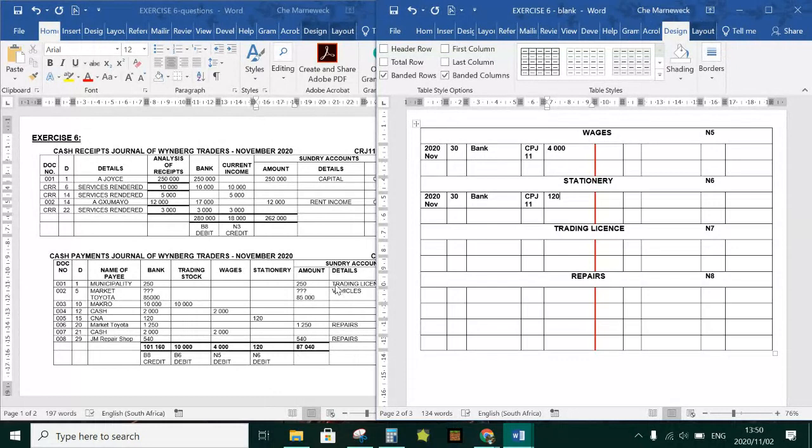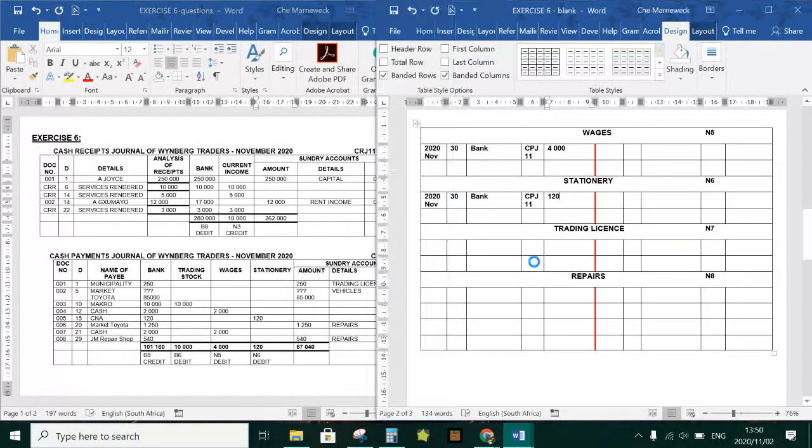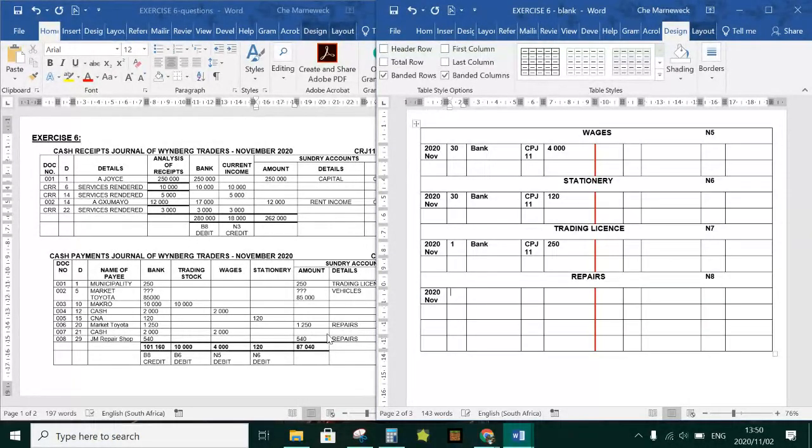We're on our sundry account expenses, so trading license happens on day 1. So once again, 2020 November, but now it's the 1st, bank CPJ 11, and it is 250. And our last one, we've got 2 repairs in sundry, so 2020 November. The first one is on day 20.